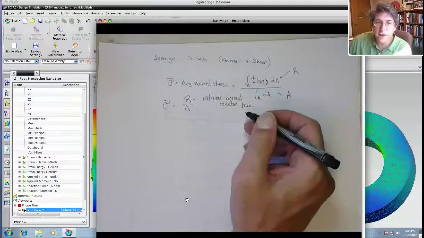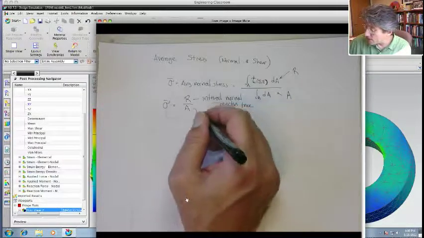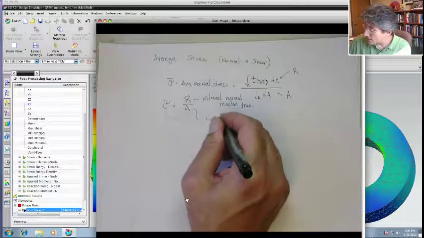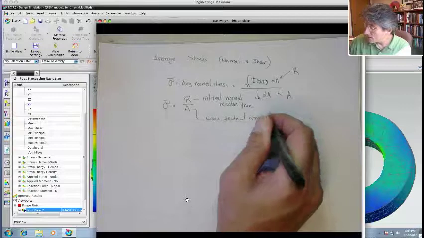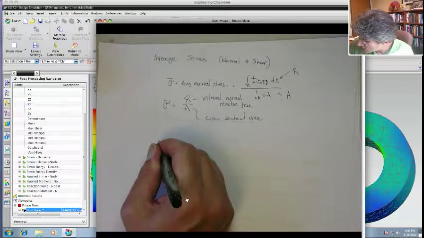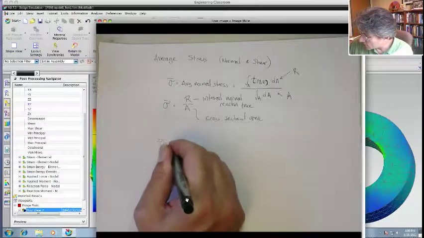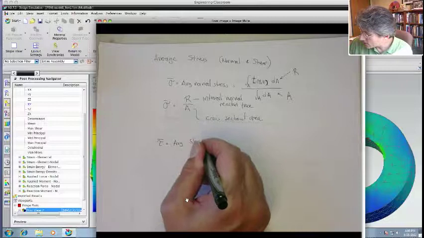The one you would get, typically we're going to get this from some moments and forces on the free body diagrams, and this is the cross-sectional area. All right? Now we could do the same thing for the shears. That's going to be the average shear stress.